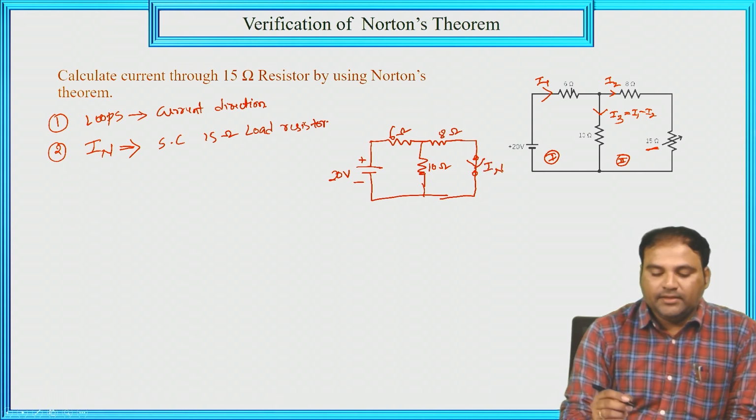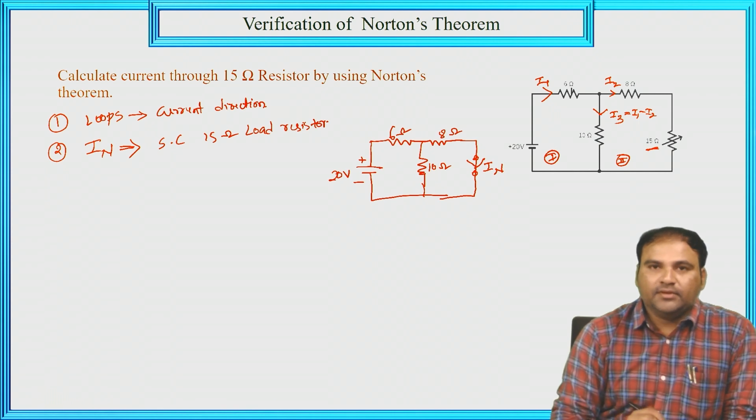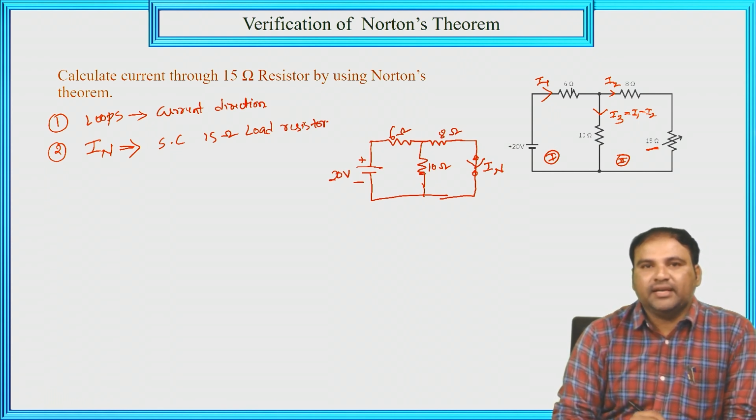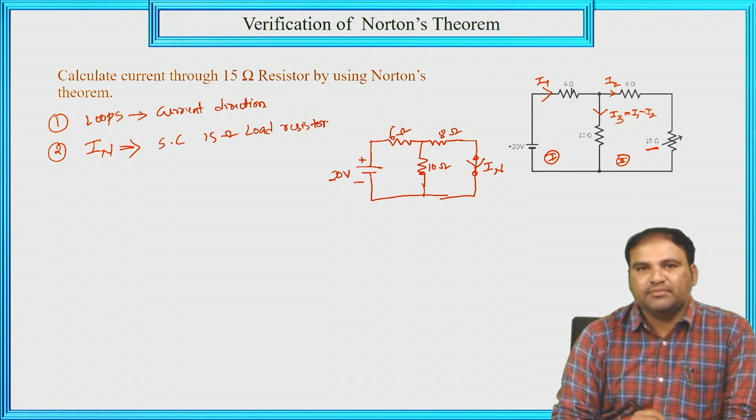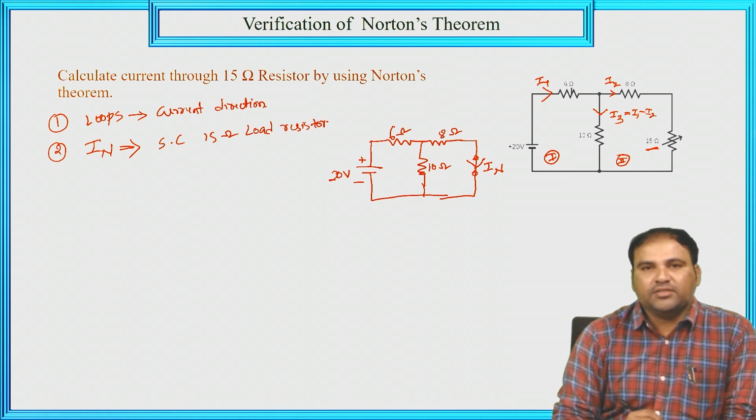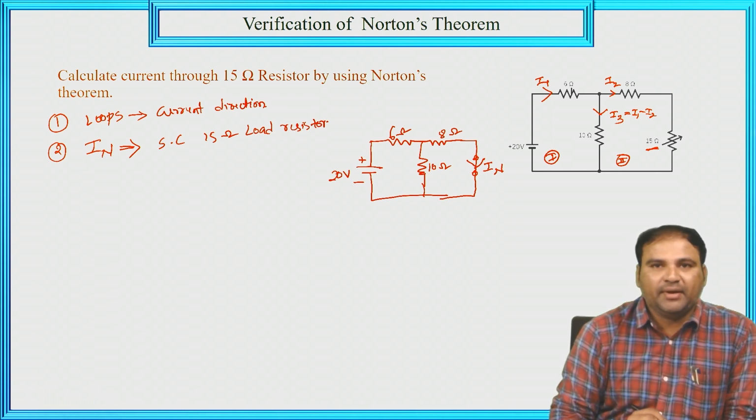For the calculation of Norton's current we can use nodal analysis, mesh analysis, or the Kirchhoff laws. We can also use the series and parallel combination, and here I am taking the series and parallel combination.